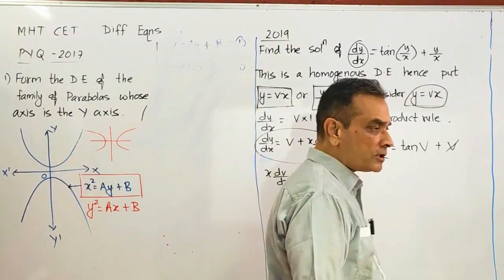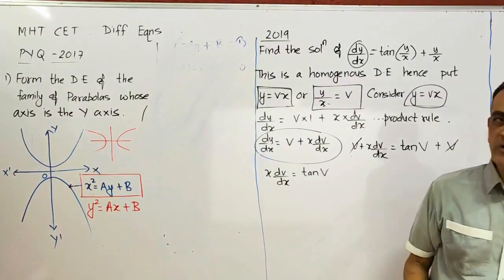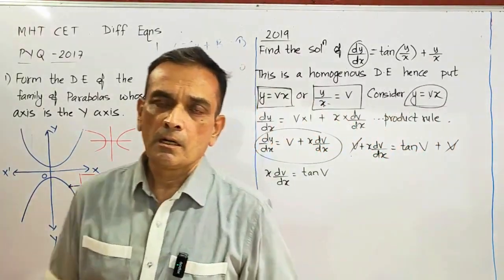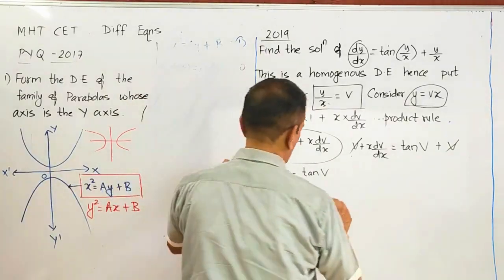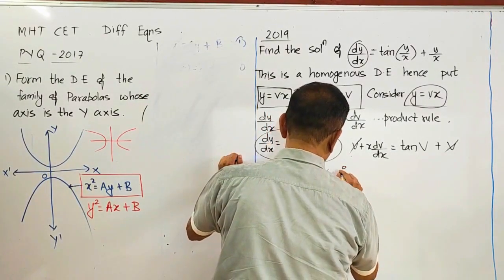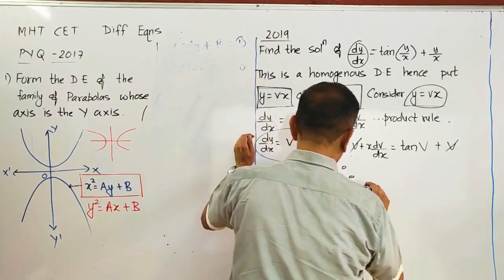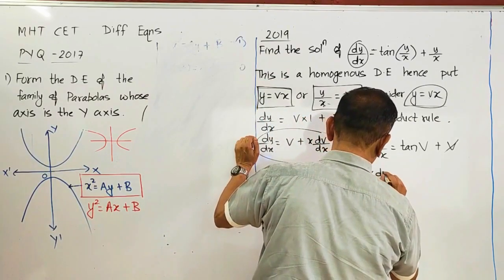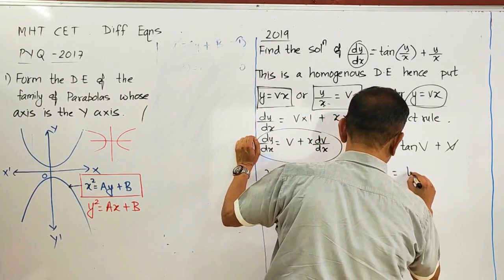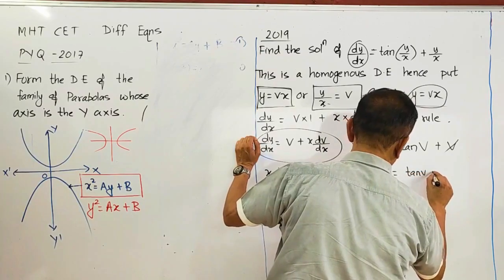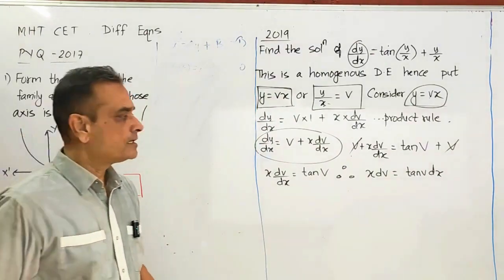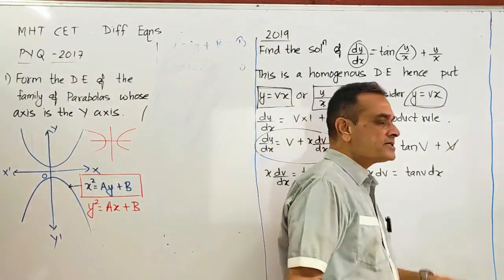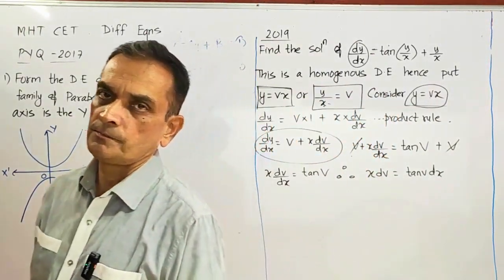Now in order to solve a DE we use integration. For integration, first take dx to the top. To integrate both sides, dv and dx should be in the numerator.